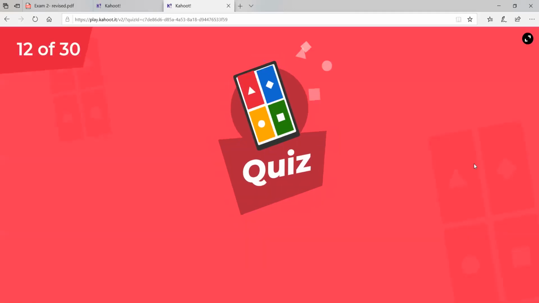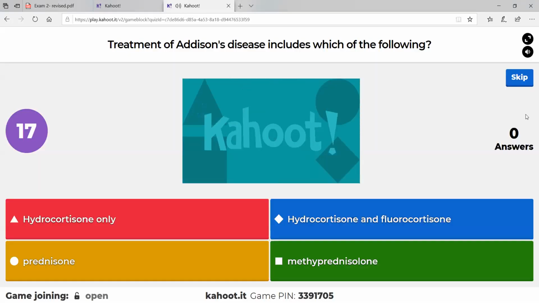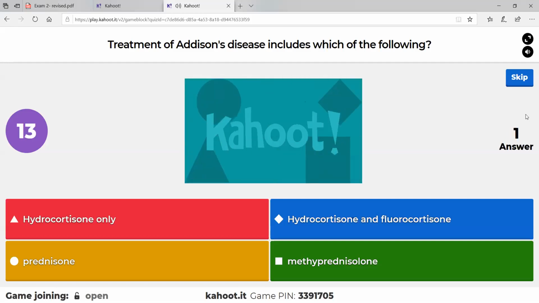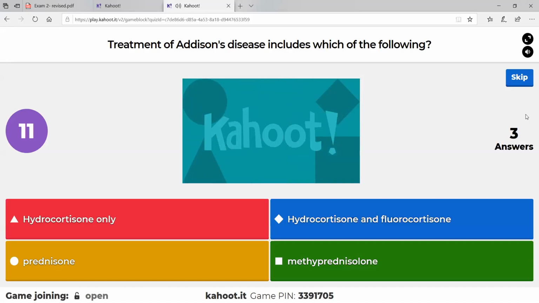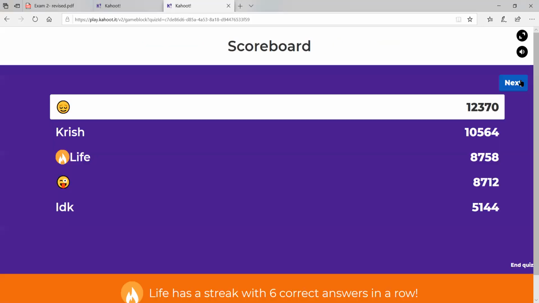I like these questions. Okay, treatment of Addison's disease includes which of the following? Okay, so hydrocortisone and fludrocortisone, because remember this part, the fludrocortisone is for that aldosterone problem. I know, too bad our questions aren't like this on our test, right?